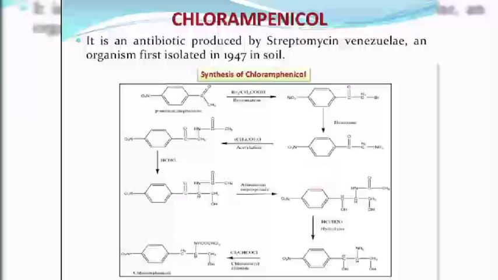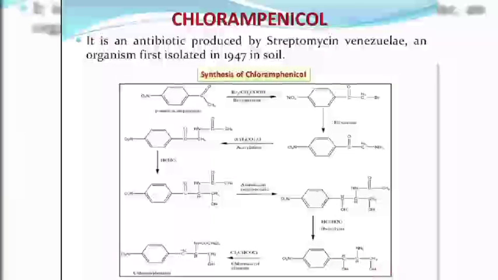This on acetylation gives the acetamide derivative, which on treatment with formaldehyde followed by aqueous sodium carbonate affords the corresponding hydroxyethyl analog.